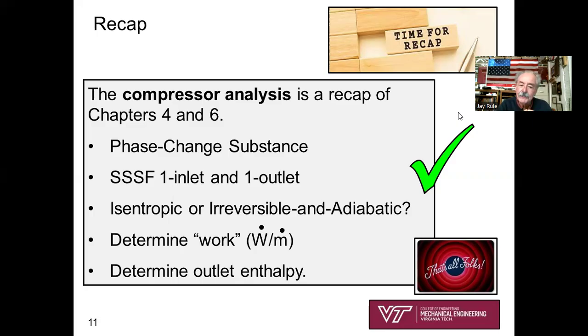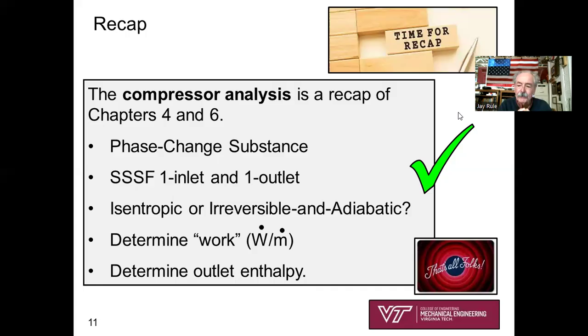You've got an open system, steady state, steady flow, one inlet, one outlet. You have to decide from the words of the problem, is it isentropic, also called ideal? Ideal refrigeration cycle would be an isentropic compressor, or is there enough information given in the problem that says it's irreversible and adiabatic? In other words, is the compressor efficiency given?